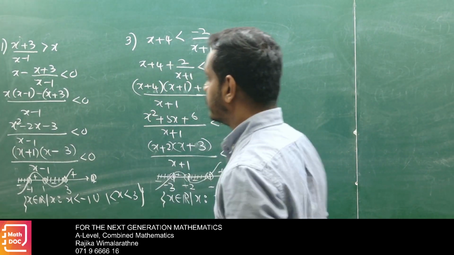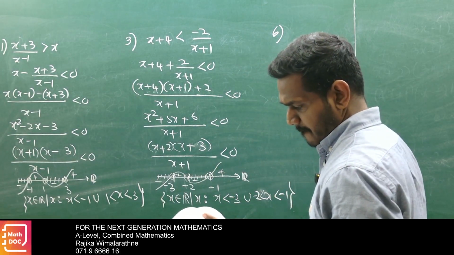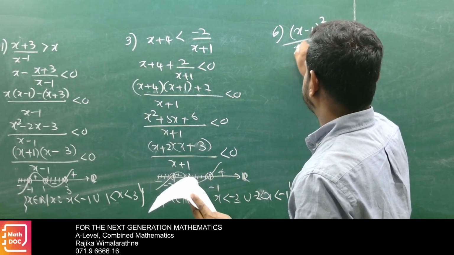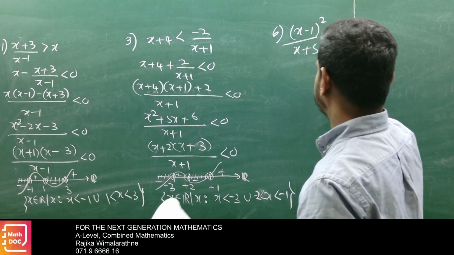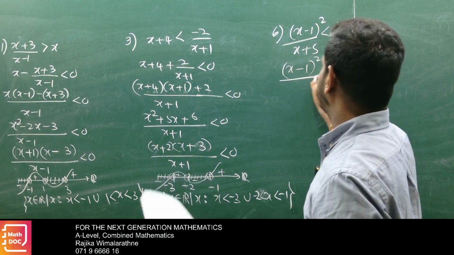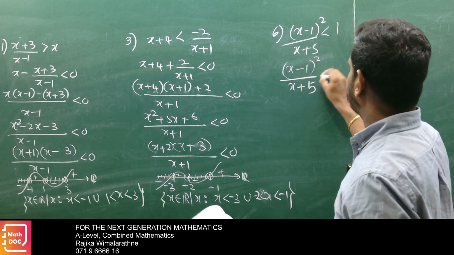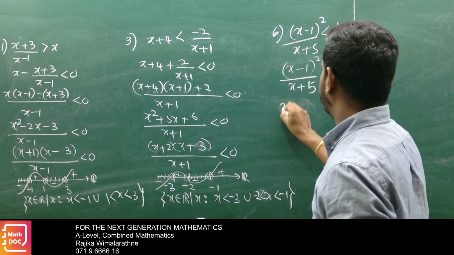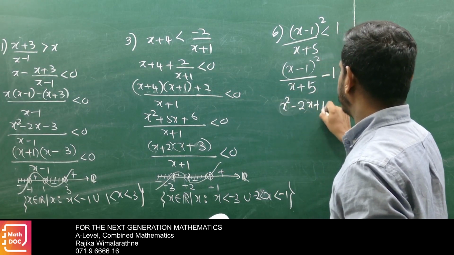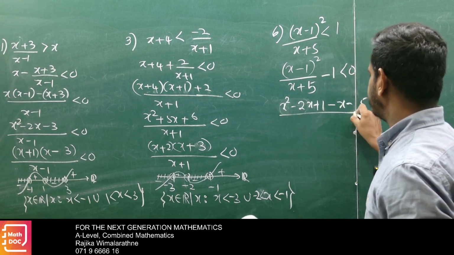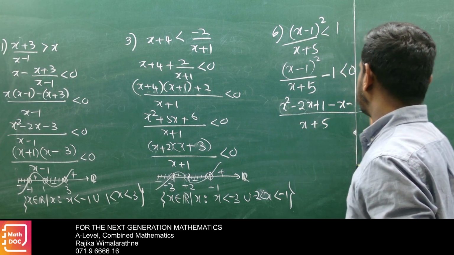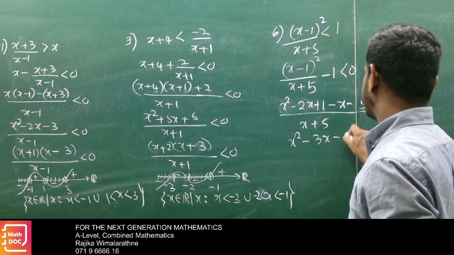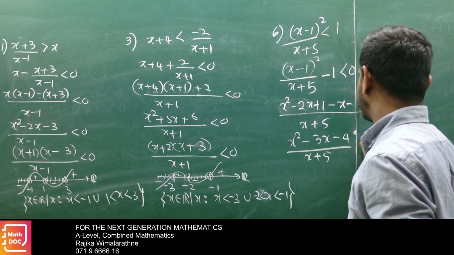Okay, then the sixth one: x minus 1 squared over x plus 5 is less than 1. We can't cross multiply. Take 1 to the other side: x squared minus 2x plus 1 minus x minus 5 over x plus 5. Then x squared minus 3x minus 4 over x plus 5.